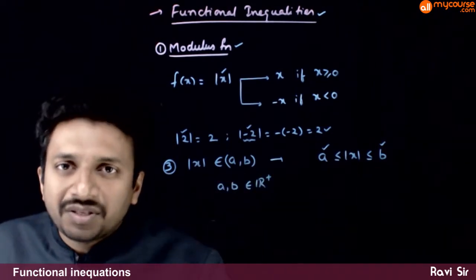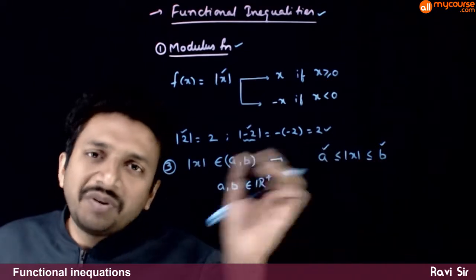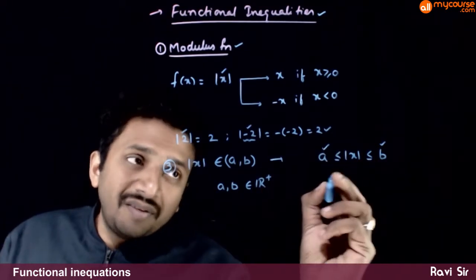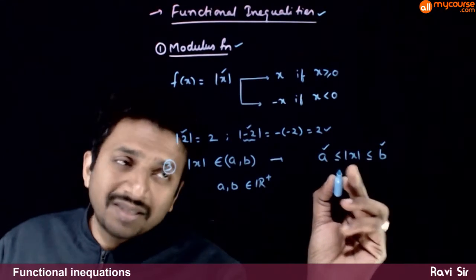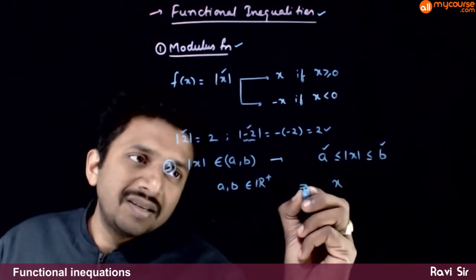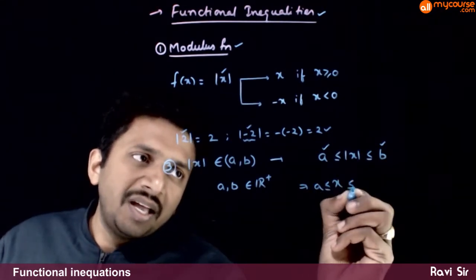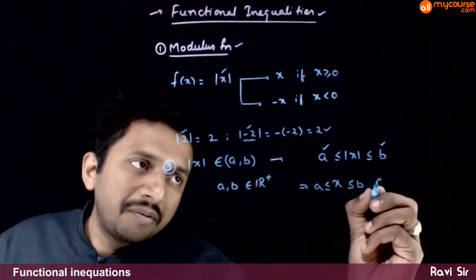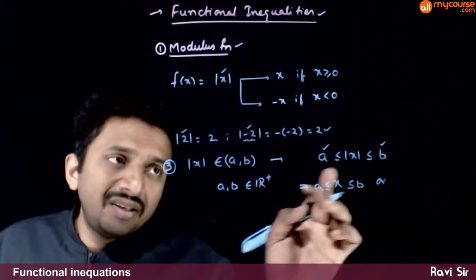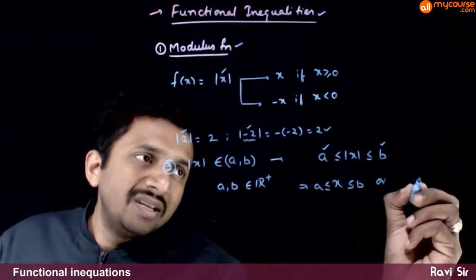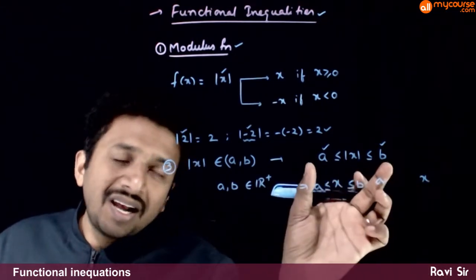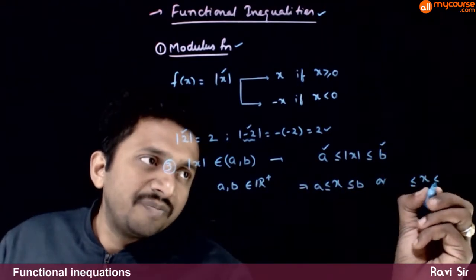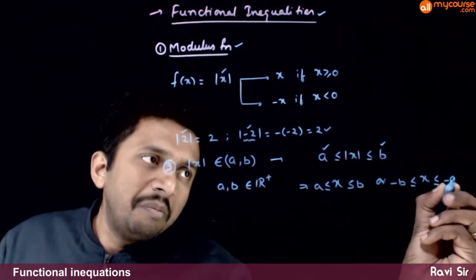Now what is the solution for this? If mod x lies between a and b, there are two options. If x is positive, mod x is equal to x, so x has to lie between a and b. Or if x is negative, minus x can lie between a and b. That is, x lies between minus b and minus a.